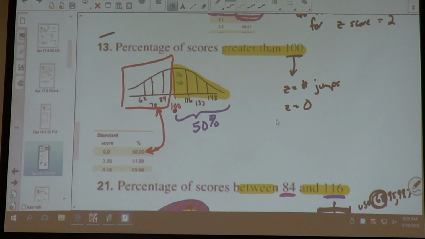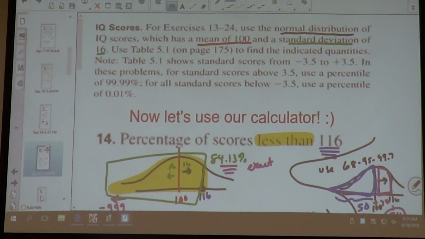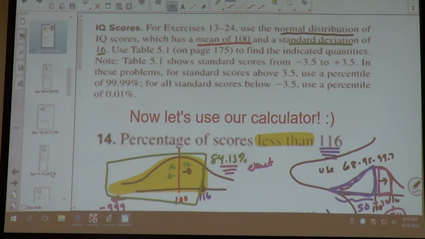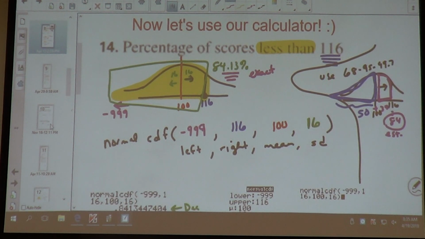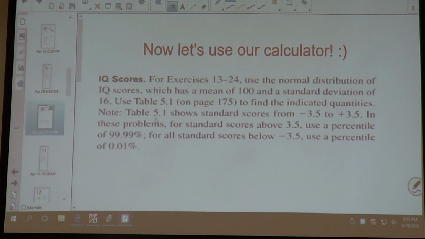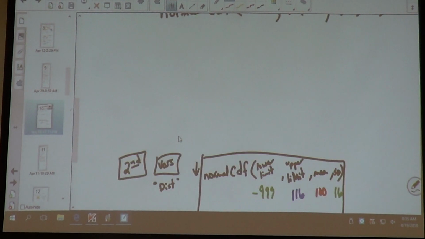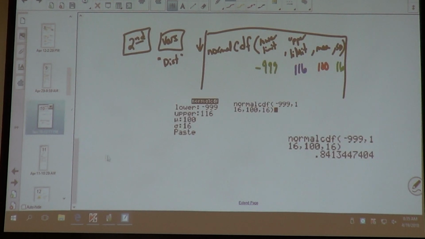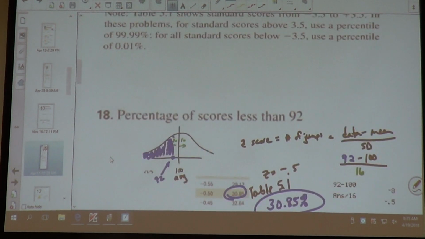Now, let me get to some more calculator problems. Just did that one and that one. That one's too easy. That one's the easy table.